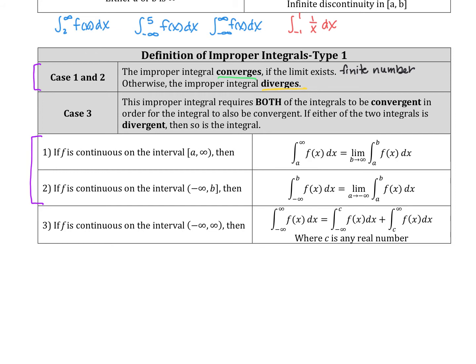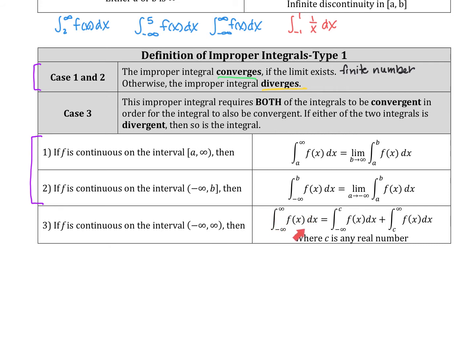Now, the third case is that the improper integral has to have both integrals be convergent for the full integral to be convergent. And if either of the two integrals is divergent, then so is the integral. This is where the lower bound is negative infinity and the upper bound is positive infinity.